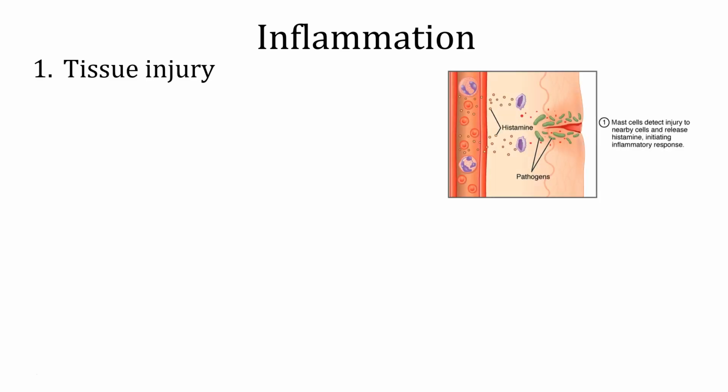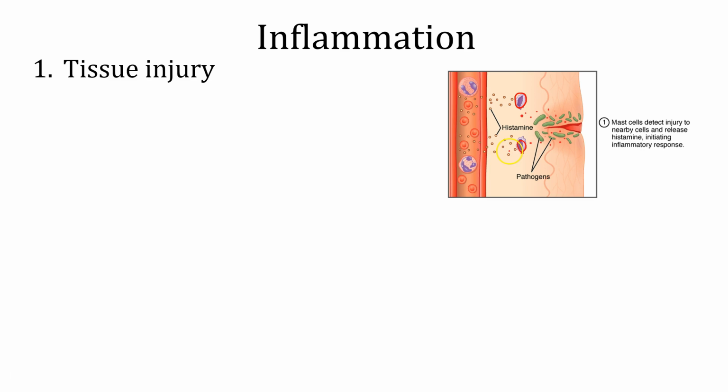Okay, one of the last things that's employed by the innate immune system is inflammation. And inflammation works something like this. It starts off with tissue injury. And in connective tissues throughout the body, there are cells called mast cells. And mast cells are super good at starting inflammation.